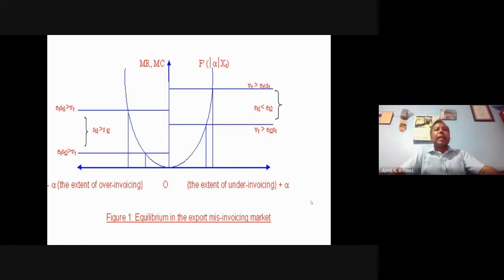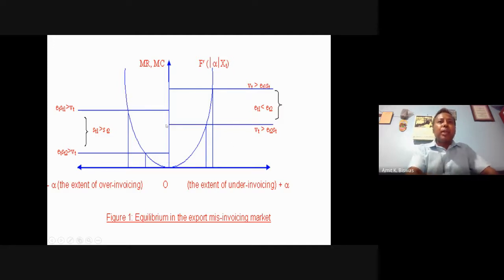So here are the diagrams. How do we draw the diagram based on the story and the mathematical models we derived? You see, I talked about your punishment cost to be convex. This is indeed convex.